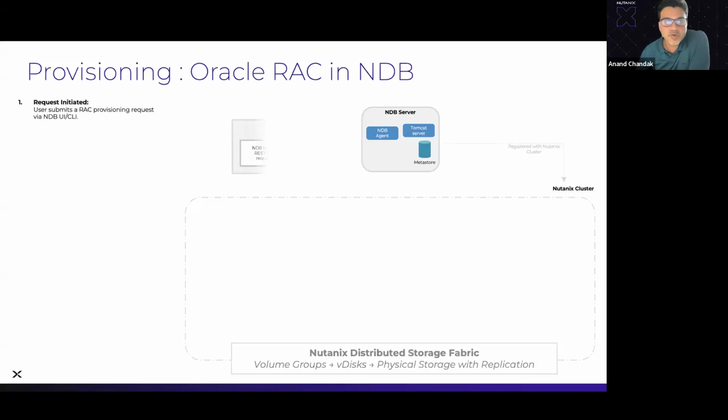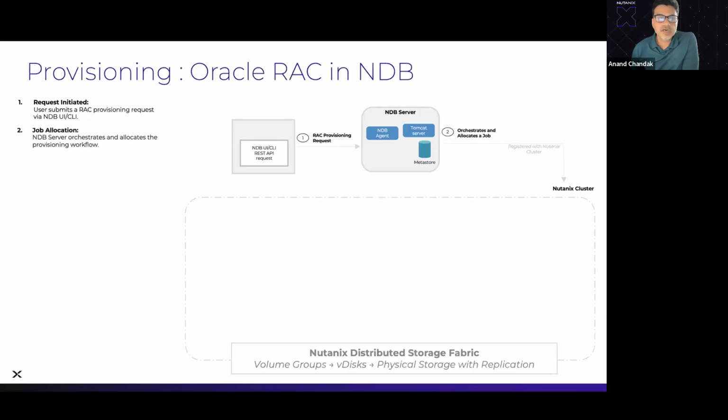So the first step is where, like I said, you initiate the request via NDB UI or CLI to provision a RAC server. This request hits our NDB server. The NDB server internally orchestrates and allocates the provisioning workflow.